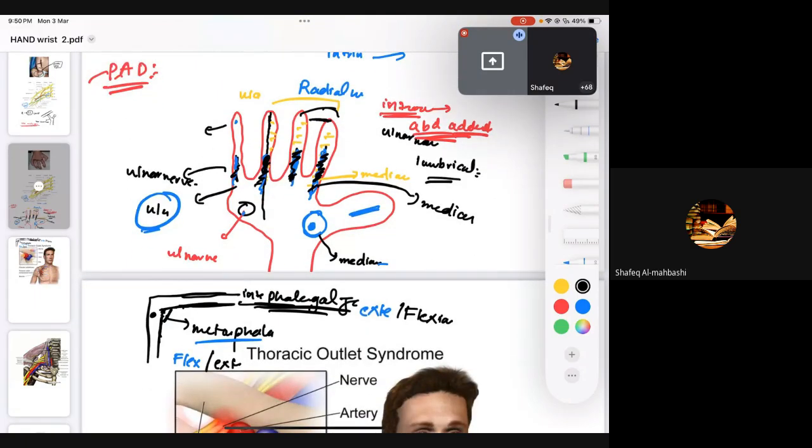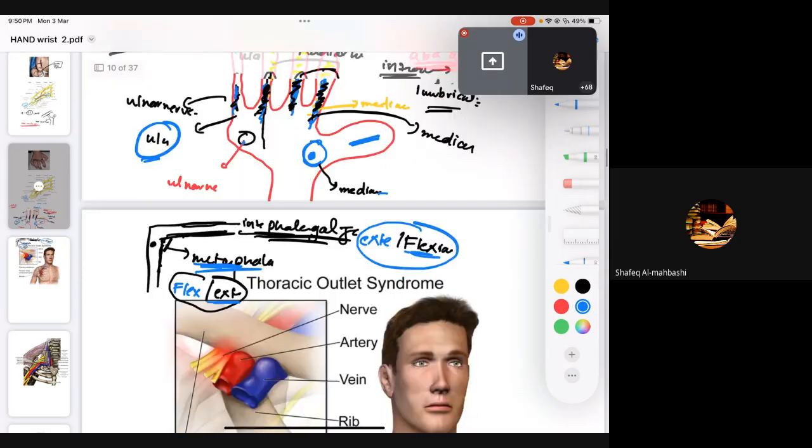Simply think: if the lumbricals are gone, you cannot form an L. For the L, we need flexion at the metacarpophalangeal joint and extension at the interphalangeal joint. So now you'll have extension of the metacarpophalangeal joint and flexion of the interphalangeal joint, which is going to give you claw hand. Is that clear?